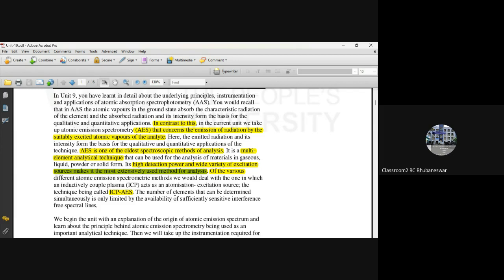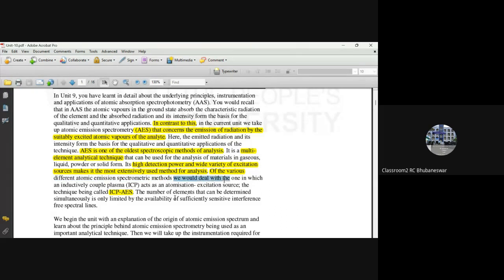By tuning the source itself, you can do the analysis. You need not change the source all the time. For certain elements you can characterize with one source, and for some other range of elements you can go for another radiation source. So, various atomic emission spectroscopic methods are there.